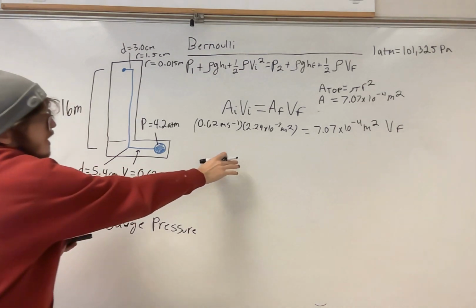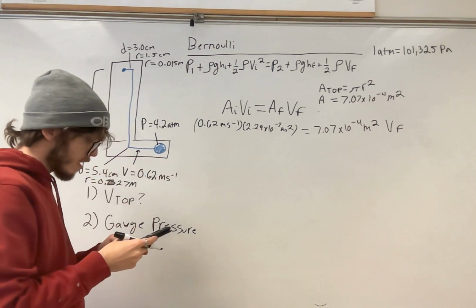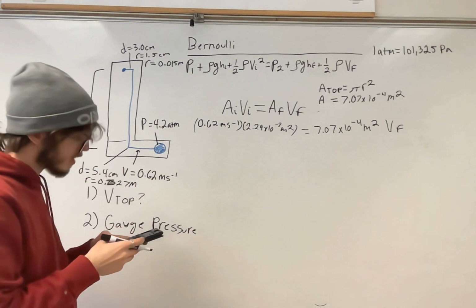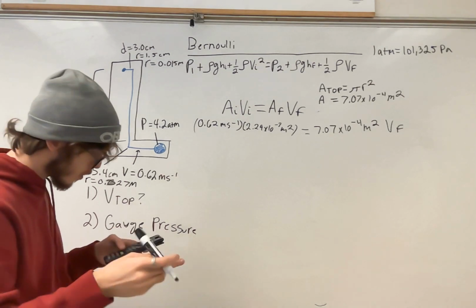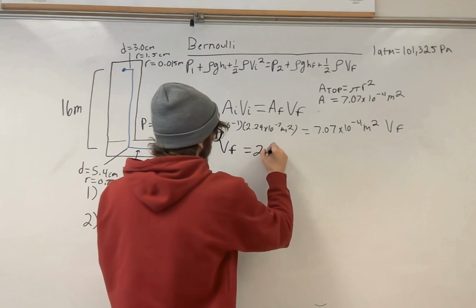So we're going to multiply these two together and then divide by the top area, and we'll get meters per second. That's just how the units cancel out. Times 2.29 times 10 to the negative third divided by 7.07 times 10 to the negative fourth. We're going to get that the final velocity is equal to 2 meters a second.